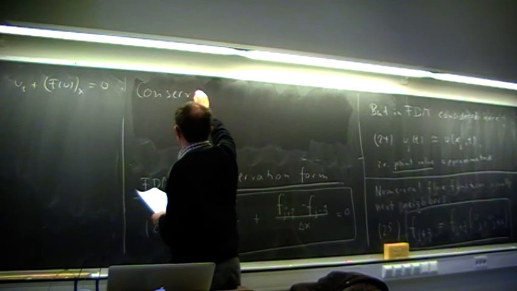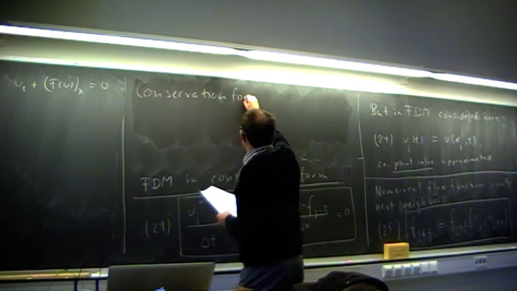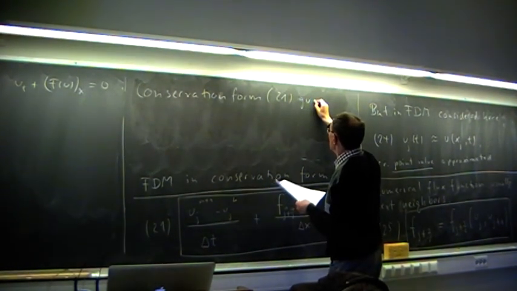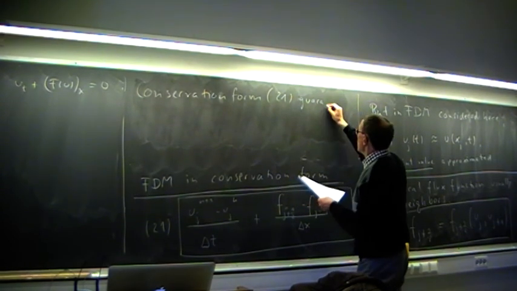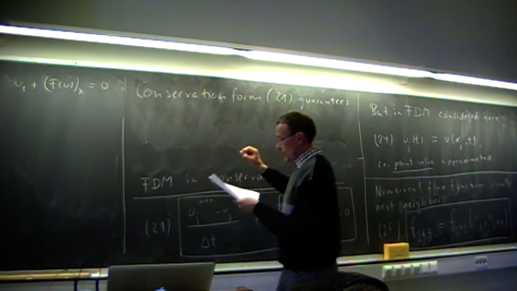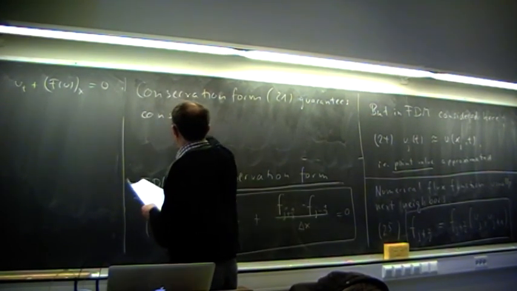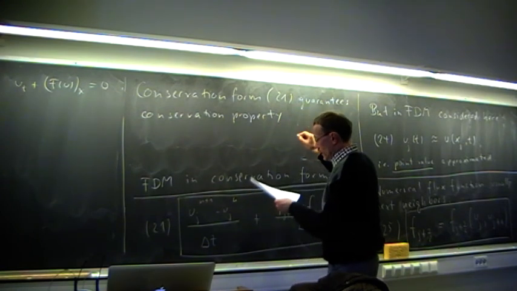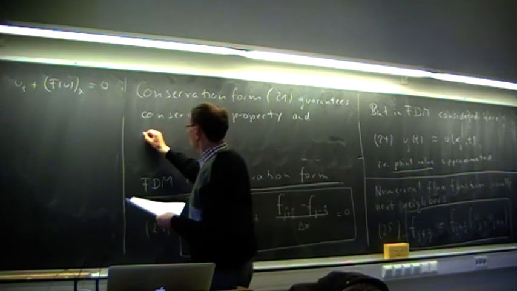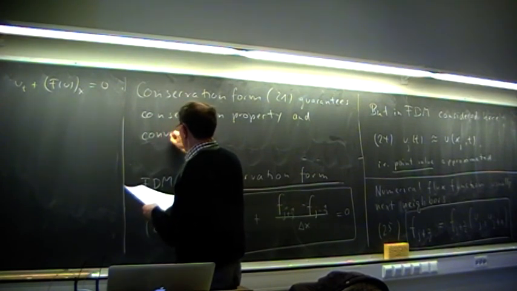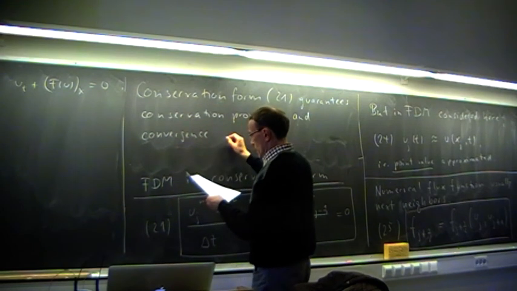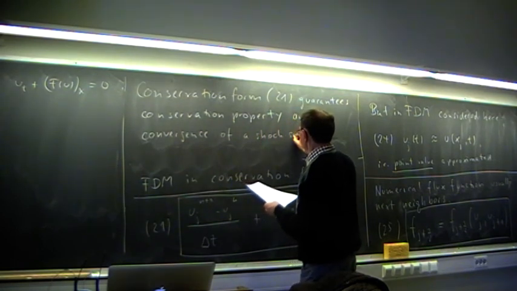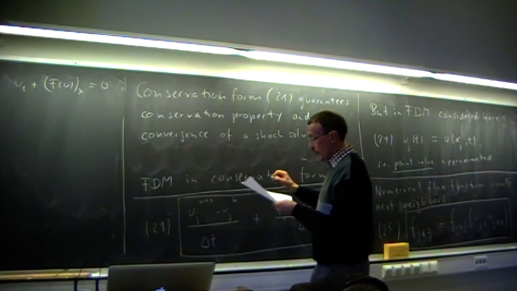So the conservation form, that is 21, guarantees the conservation property and it guarantees the convergence of a shock solution with correct shock speed.